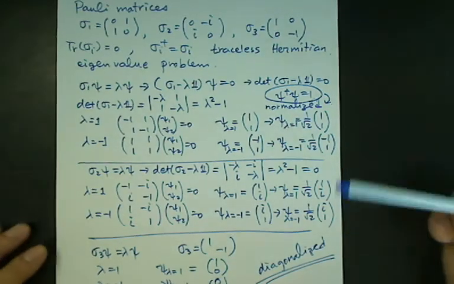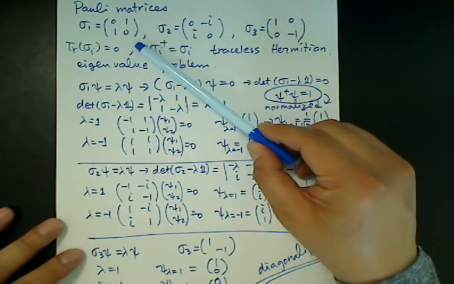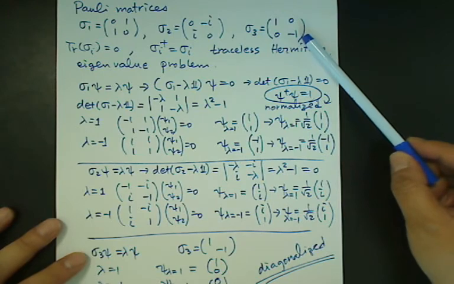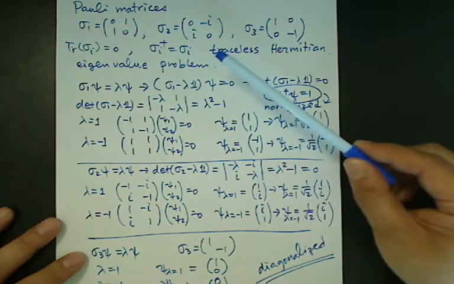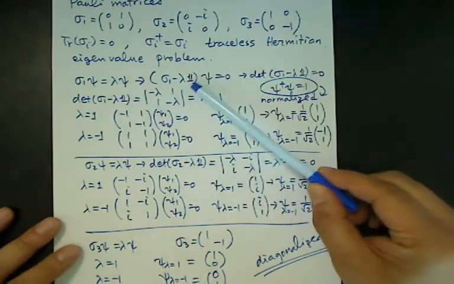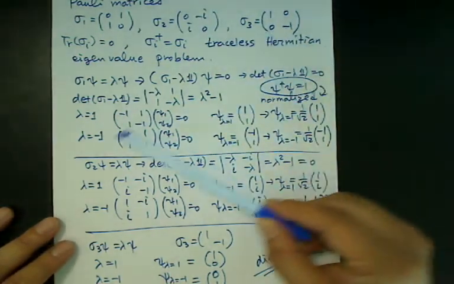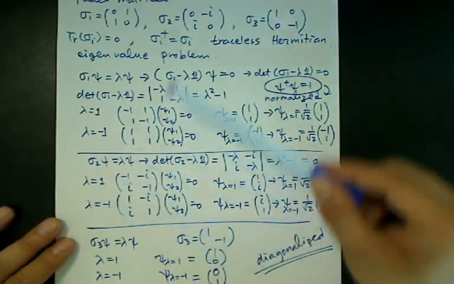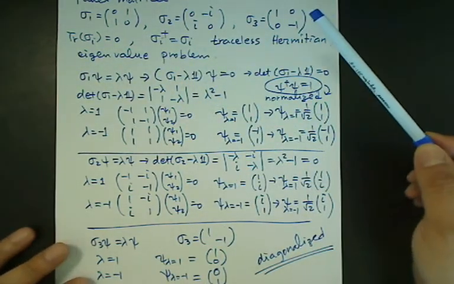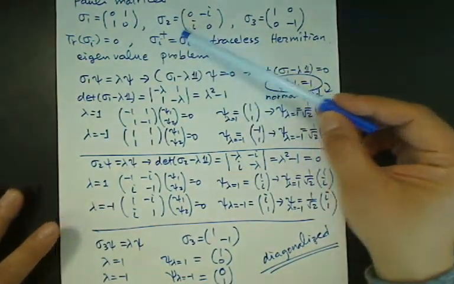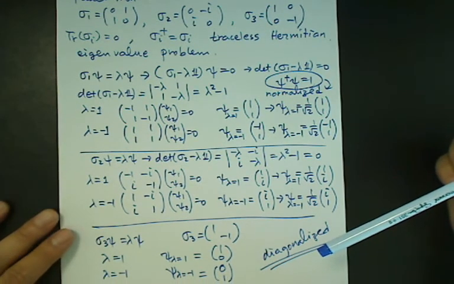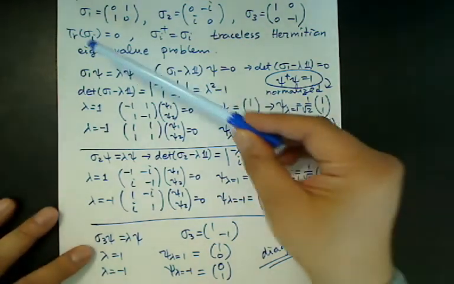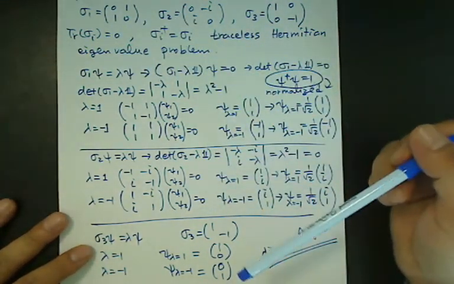So let us record a simple example for Pauli matrices, spin matrices. Sigma 1, 2, 3 are written here. We know that they are traceless and Hermitian, and the eigenvalues of all three matrices are identical, and the traces are the same, because they are related by a similarity transformation. That means there is a unitary transformation that transforms these three matrices to a single one.